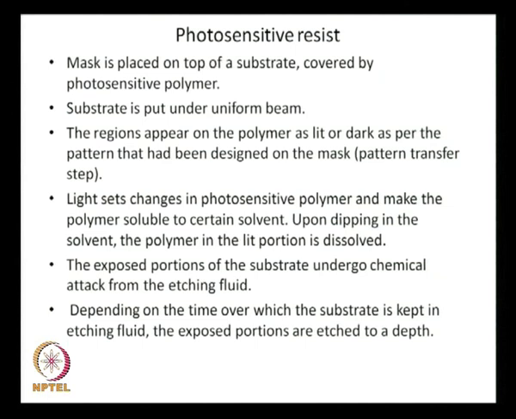The places where light has hit the polymer, the solubility property has changed, and so that portion is getting dissolved. Once it gets dissolved, those portions, that surface, are getting exposed. The exposed portion of the substrate undergoes chemical attack from the etching fluid.